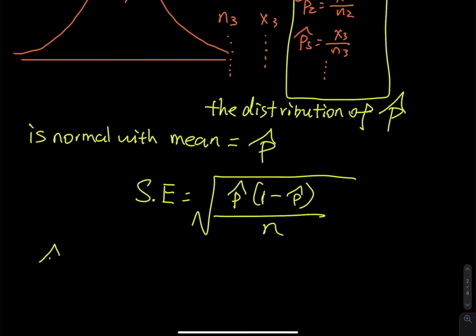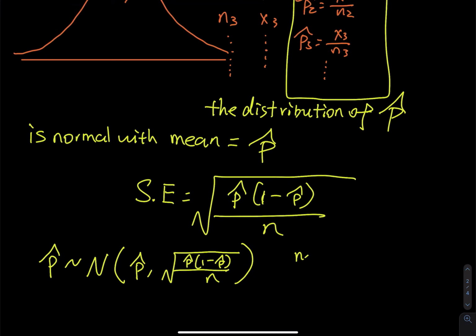That's why you say p hat can be approximated as normal distribution with mean equal to p hat and standard error of p hat times 1 minus p hat divided by n. But in order to achieve this, you have to check this, right? Usually this is satisfied. All right, so that is the basic concept of one sample confidence interval using the proportion.